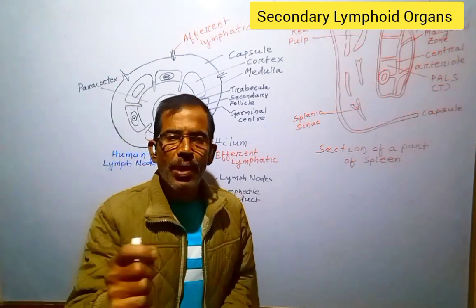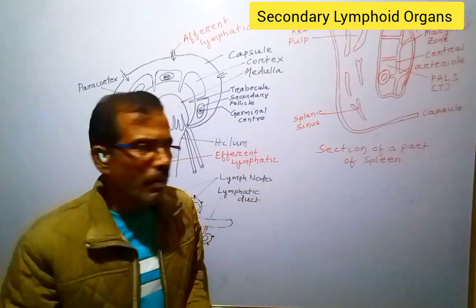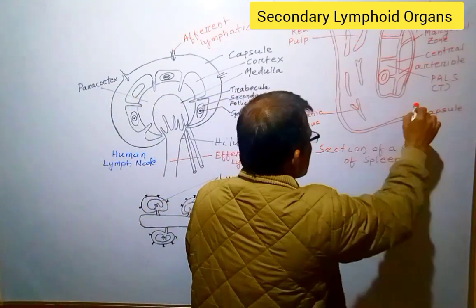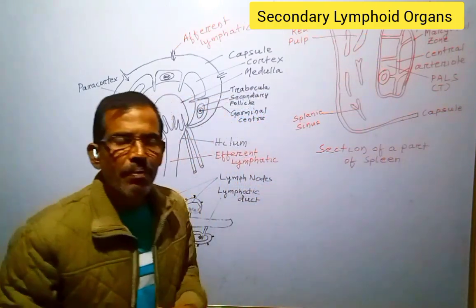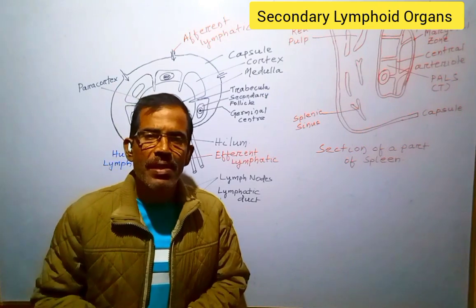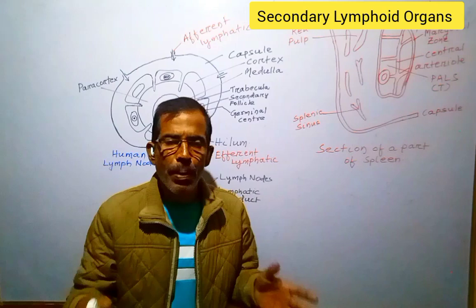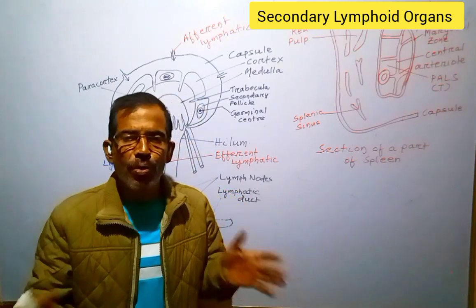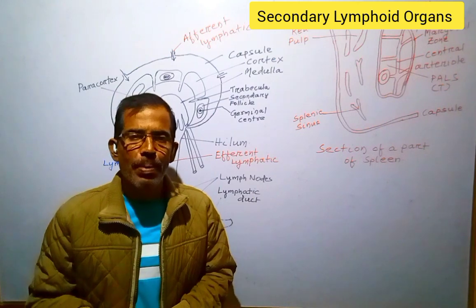Spleen is distinguished into two different regions, red pulp and white pulp. Red pulp contains many blood-filled sinusoids in which phagocytes and plasma cells are found. The main function of red pulp is destruction of old and dead red blood cells and other cellular debris.